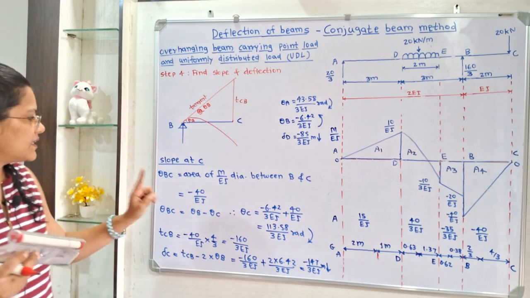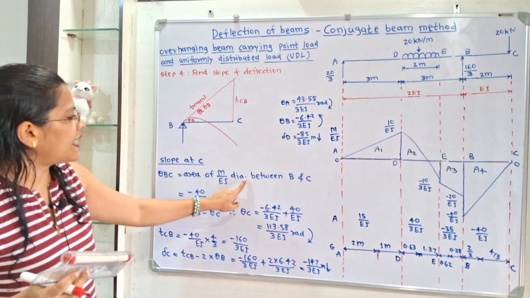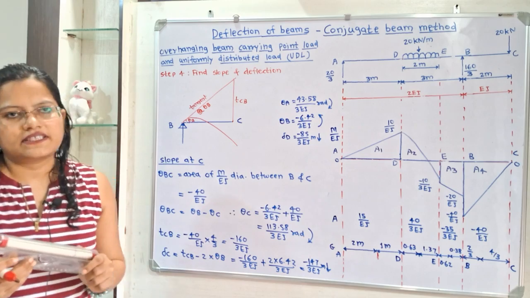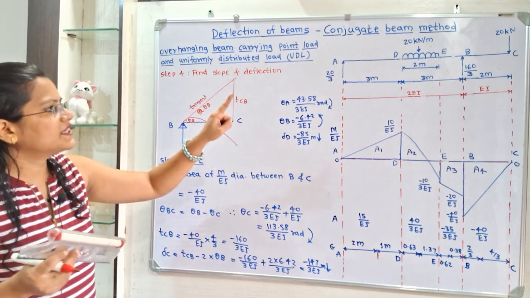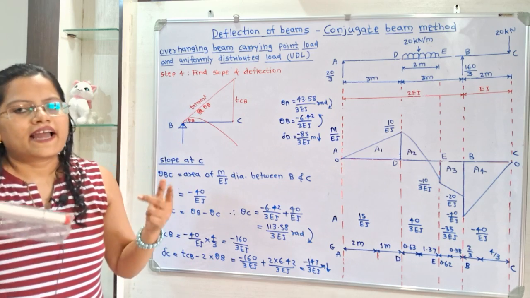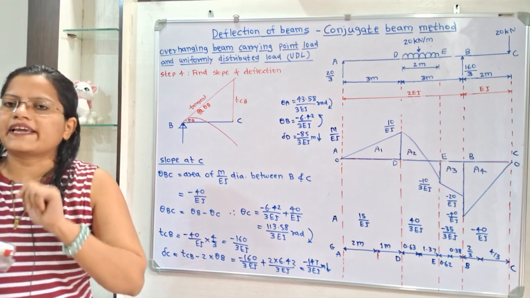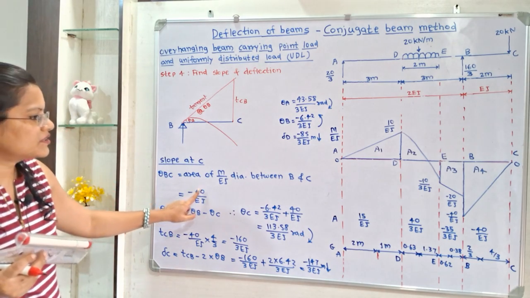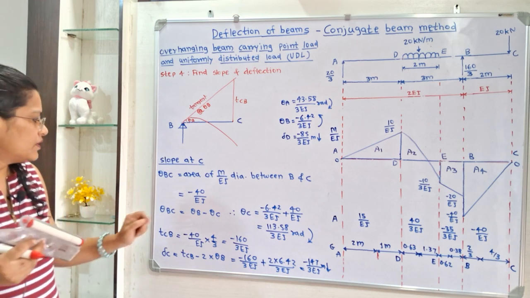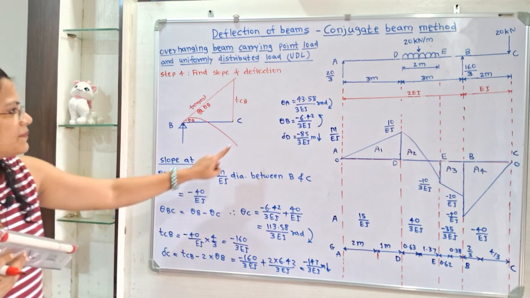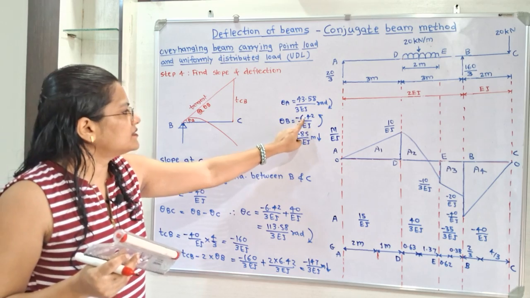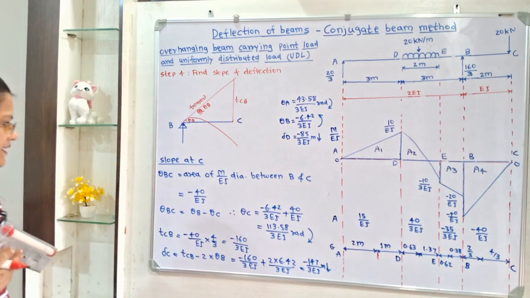So it is the area of M by EI diagram between B and C. So in between B and C we have to take the addition of the areas. So in between B and C there is only area A4 and it is minus 40 by EI. Now what is the value of theta B? So theta B is minus 6.42 by 3 EI.